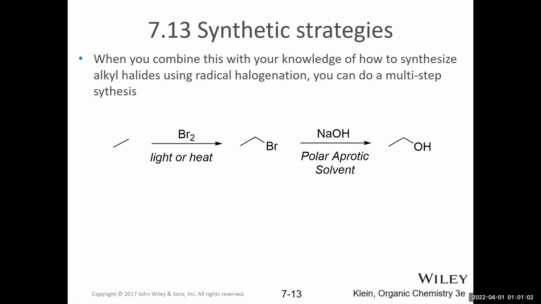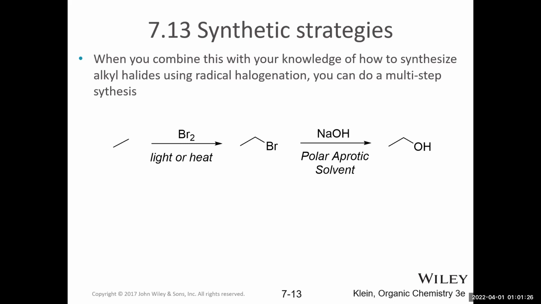So, some synthetic strategies. You actually now know how to do a two-step synthesis. As we grow our knowledge of multi-step synthesis, we'll start with one step and two steps, and then we'll move on to three steps and four steps, and you get the idea.